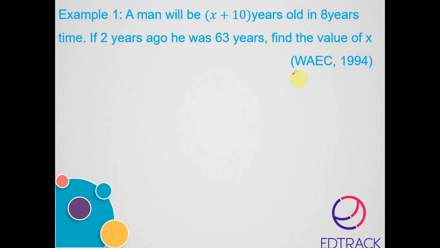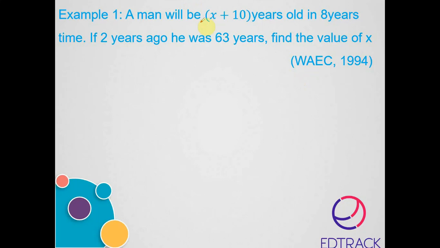The first question we are going to solve was picked from WAEC 1994. It says: a man will be x plus 10 years old in 8 years' time. If 2 years ago he was 63 years, find the value of x.